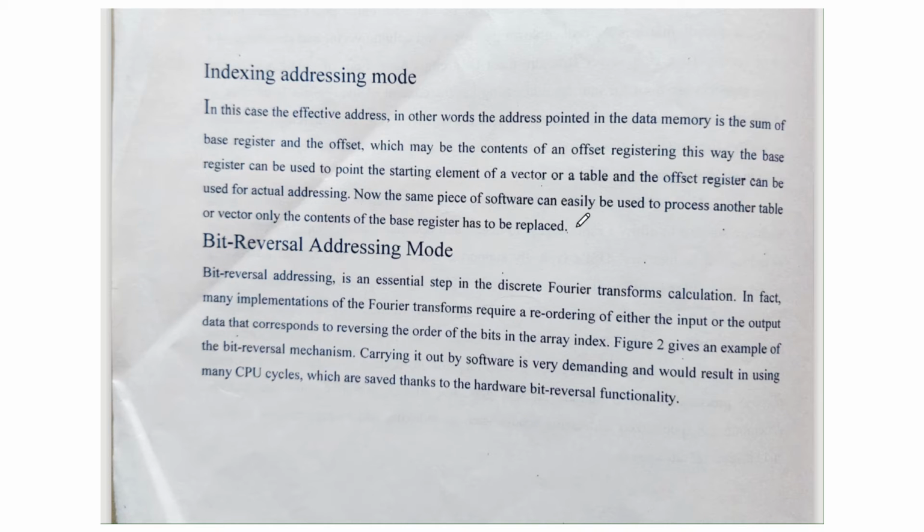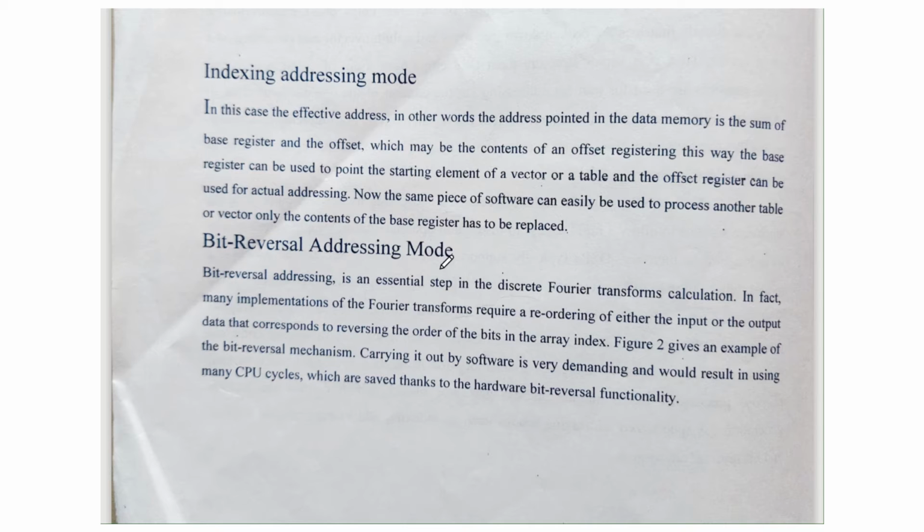Now the same piece of software can be easily used to process another table or vector, only the contents of the base register have to be replaced. So this is the specialized addressing mode which is used as an index. Indexing is done by this offset register. Okay, so this is the indexing addressing mode.